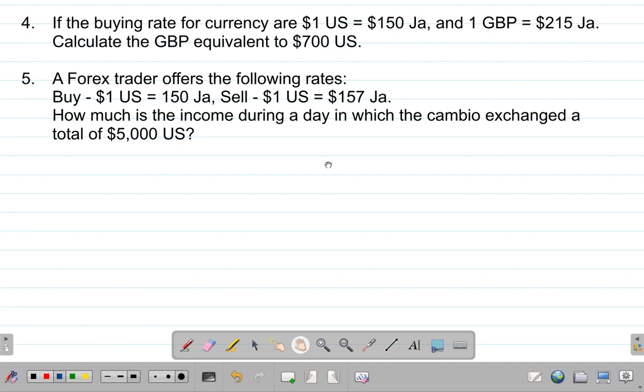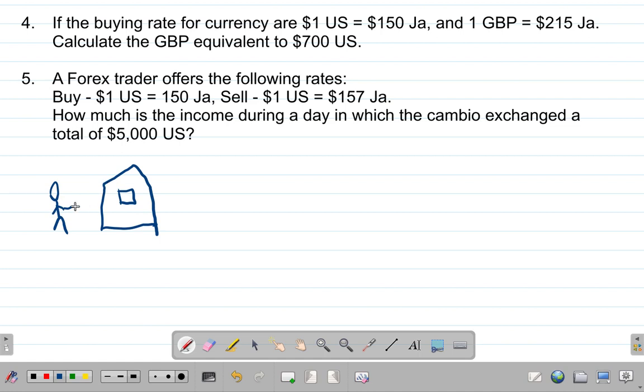One customer having 5,000 US dollars. They come, they sell. So the cambio, the trader, buys 5,000 from them, then later on they come back for the 1,000, so the trader sells them the US. But anyway, let's say in this case you're the trader and you're in the building here and the customer comes.